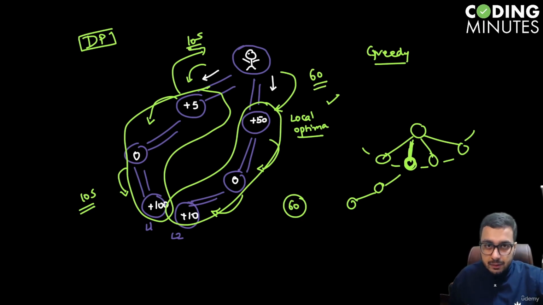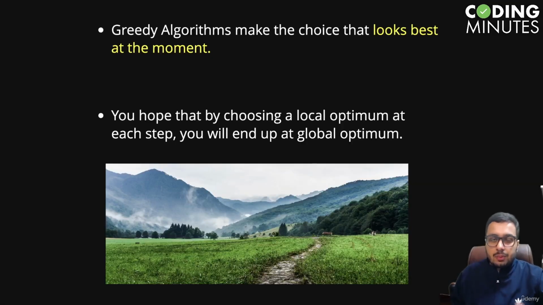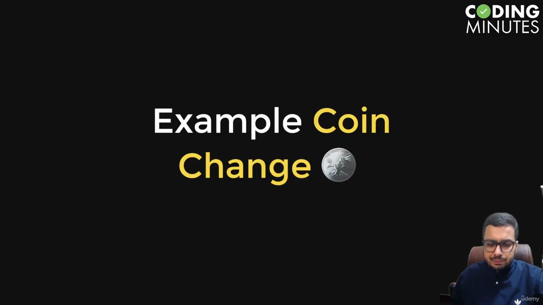In greedy, though it is efficient, it can lead to wrong answers in certain problems. But in this module, we will see a lot of problems where you can apply greedy and still get the correct answer. The first problem that we will take up in the next video is the coin change problem, and we will show you the greedy and the DP version of this problem.